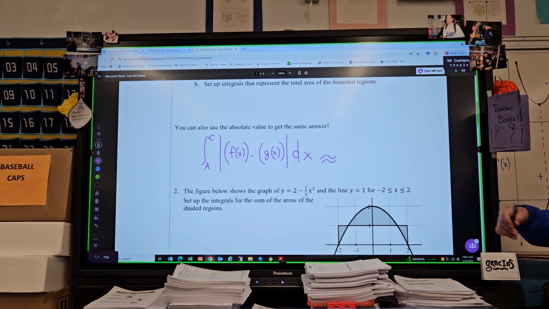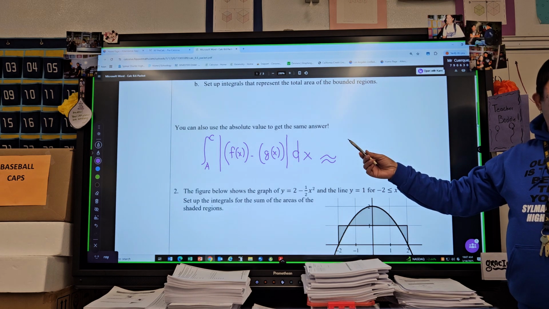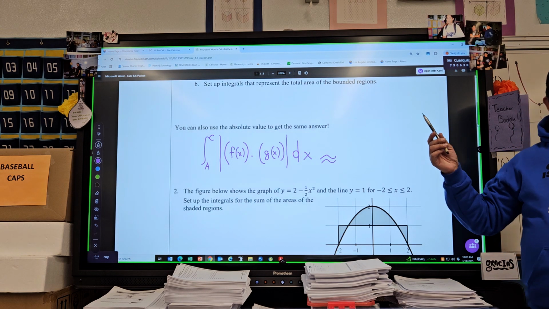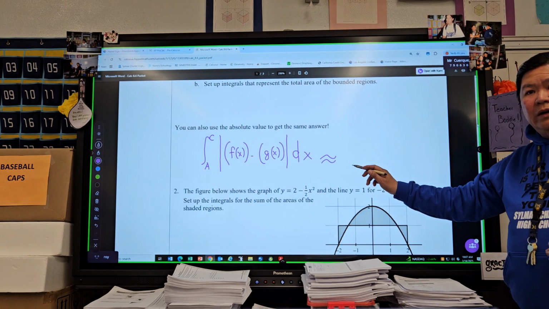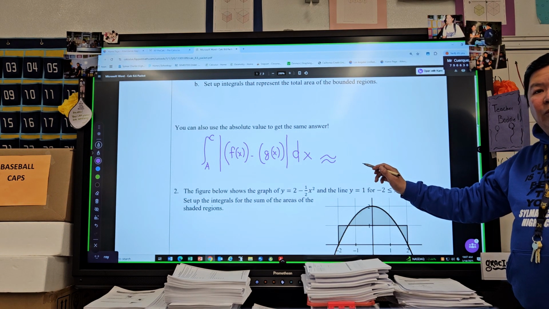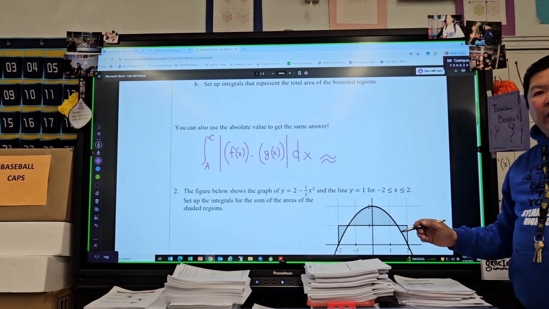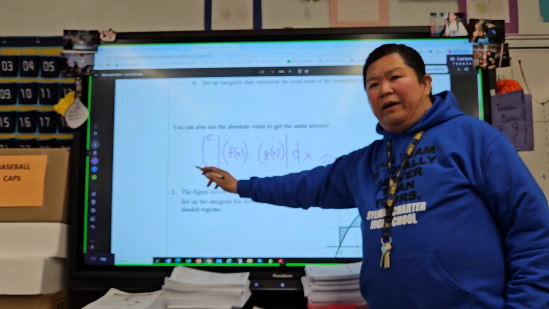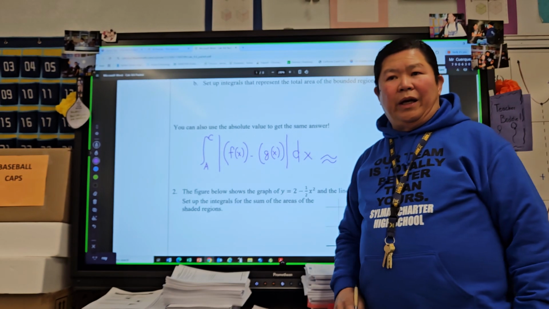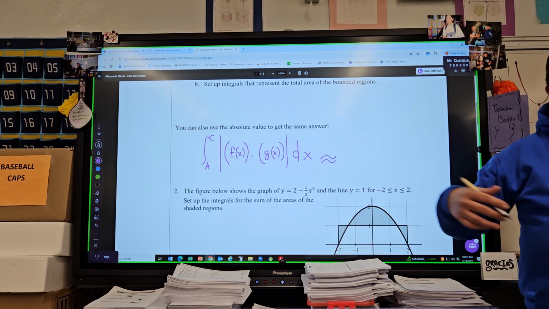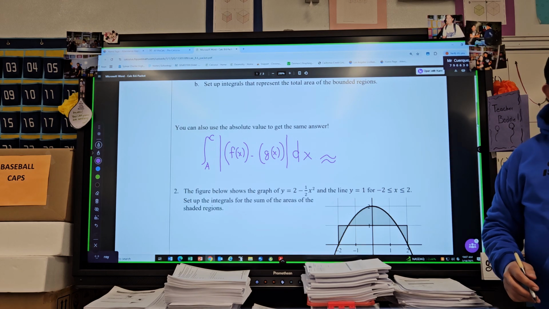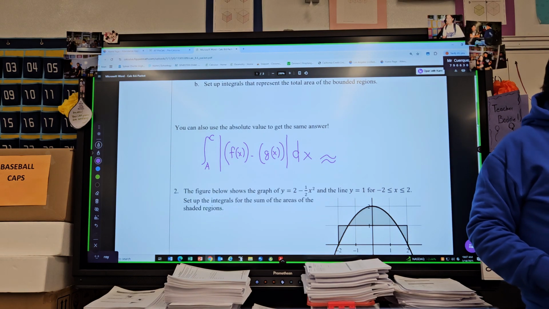You have yours, Fabio. What do you have here? Still 24. So we can do it that way, okay? So our A is negative 2 and B is positive 2. And we take the absolute value, and that's the area of these two curves.